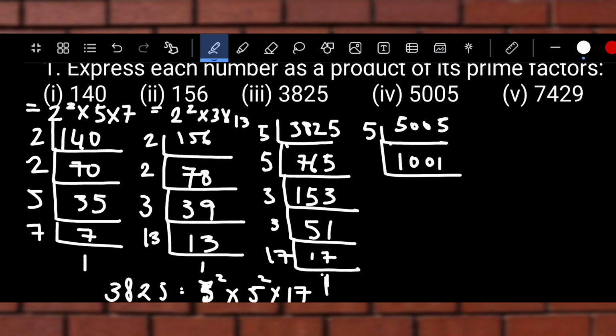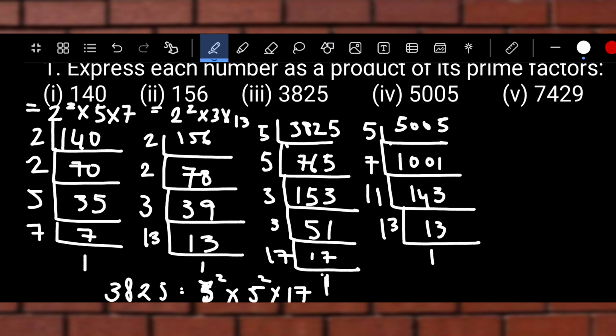When I apply the divisibility test, yes, this number is divisible by 7. So I'll get 143. 143 is divisible by 11. 13. 13 is a prime number. 1. So 5005, I can write it as 5 into 7 into 11 into 13.